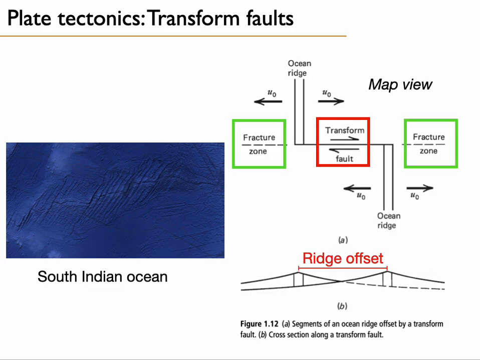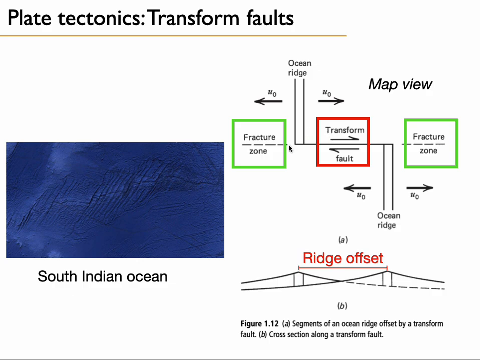So let's make a map view of this structure. The symbol for an oceanic ridge is basically two parallel lines. We have one ridge and another ridge. They are offset. They both have a divergent velocity, and at the location where the two ridges are connected, the sense of motion is opposite, so one plate moves with regard to the other.